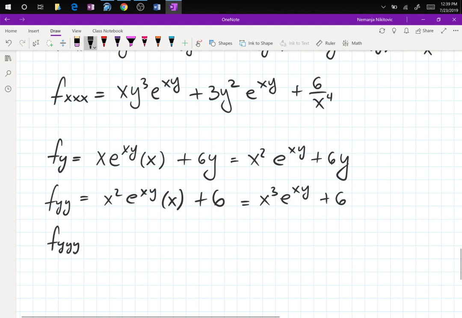Third derivative is just a string of these that goes into x cubed is a constant, e to the xy times another x, which is constant from the chain rule from the exponent, and then plus 0 for this 6. So we get x to the fourth e to the xy. Again, go as far out as you need to or want to, fourth derivative, fifth, sixth, and so on.